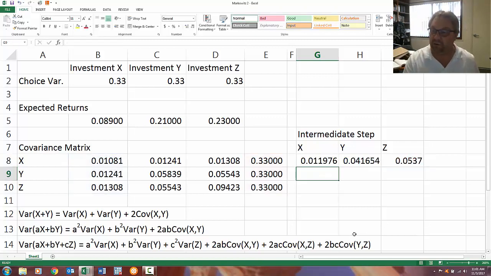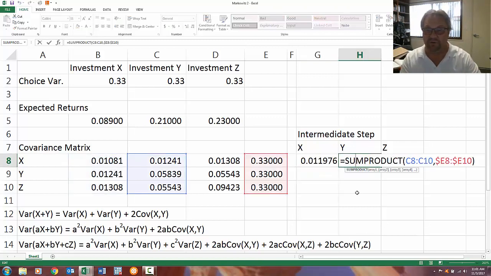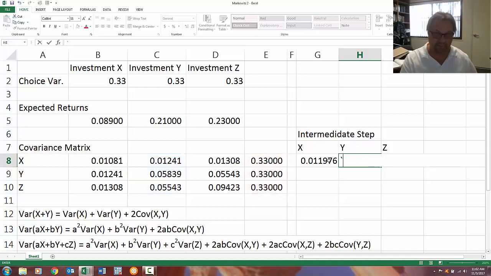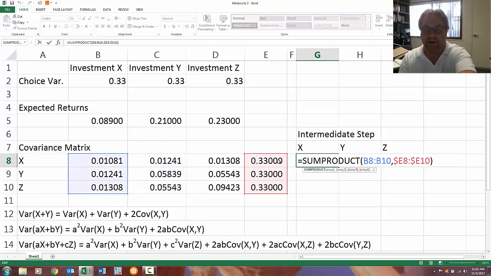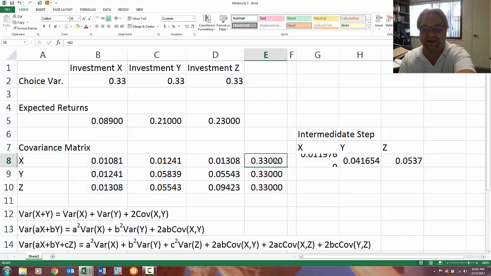Oh, I'm sorry, this is B. I said that wrong. I have A times the variance of x, B times the covariance of x and y, C times the covariance of x and z, right?